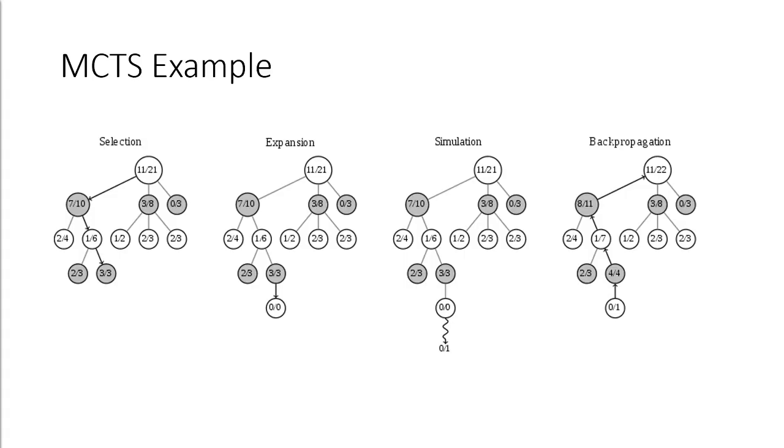So for instance, for the root node, the white node, that is with the white player making a selection. That's what the Monte Carlo tree search is trying to solve for in this case. So we have 11 out of 21 so far, and then you can consider these different nodes, and again these nodes that are shown here.